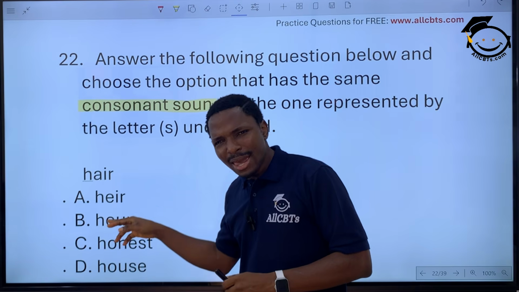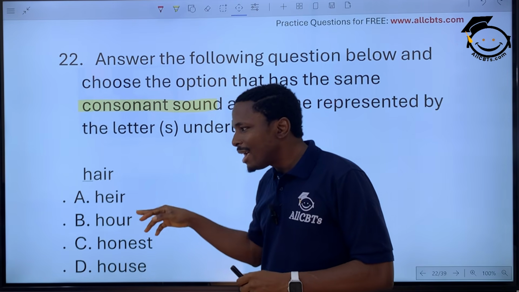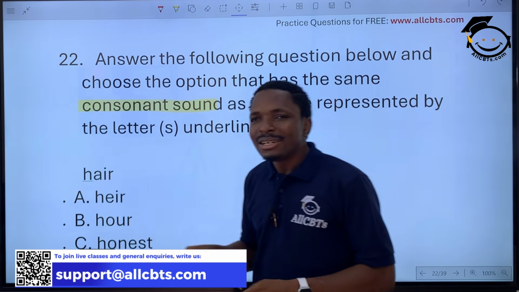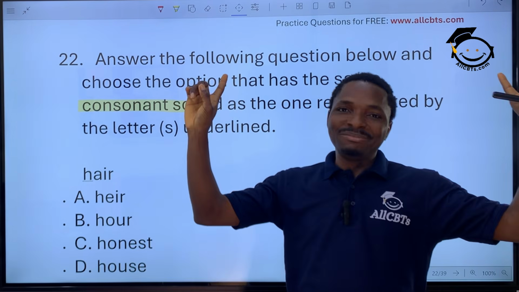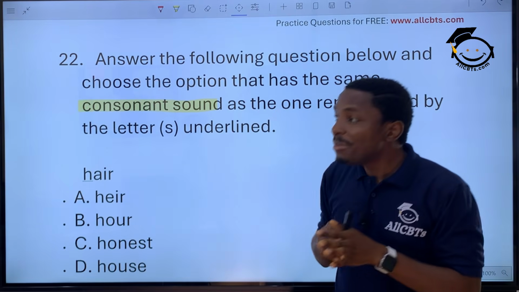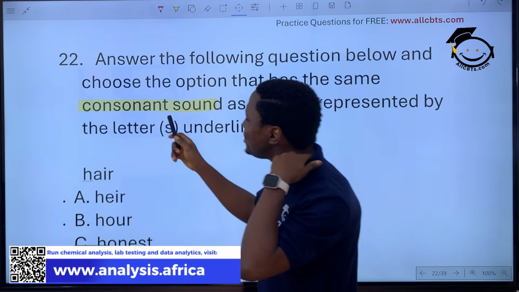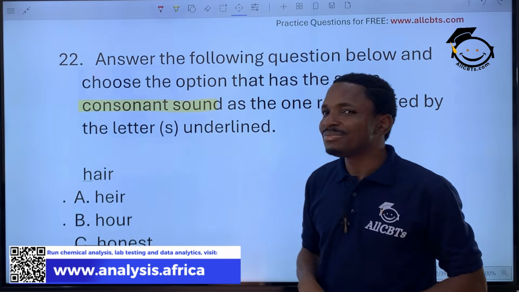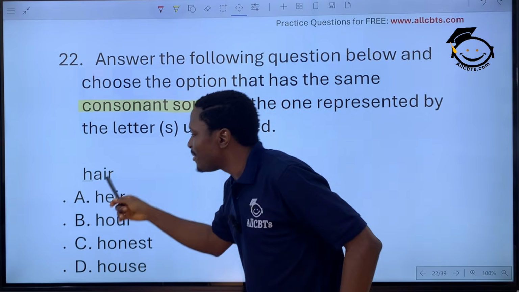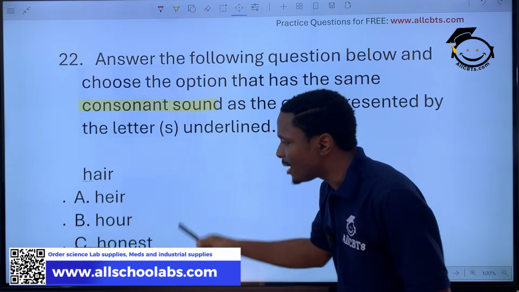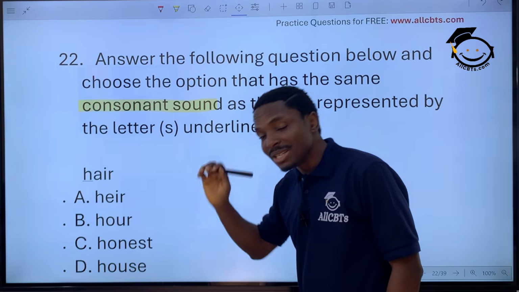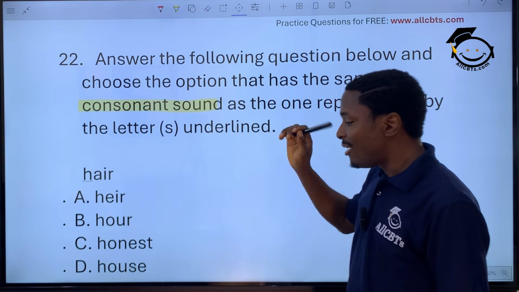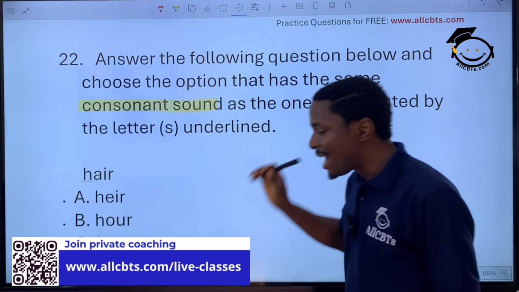Now, hair. The vowel sound in each of them is the same. That's the truth, but your question is to pick the consonant sound. Now you have hair, you have hour, you have honest, you have house.